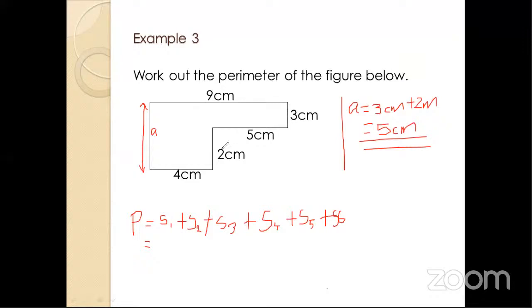We say perimeter is equal to 3 centimeters plus 5 centimeters plus 2 centimeters plus 4 centimeters plus 5 centimeters plus 9 centimeters. Okay, very good, Birunji. Meanwhile, you group them 2, 2, and you add.